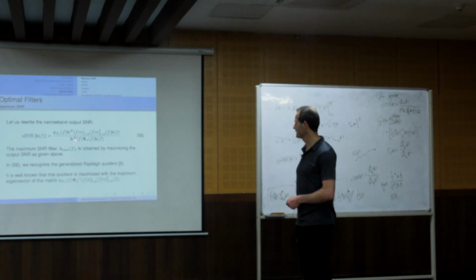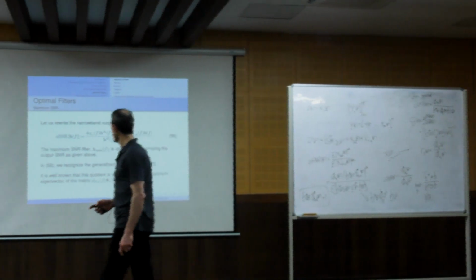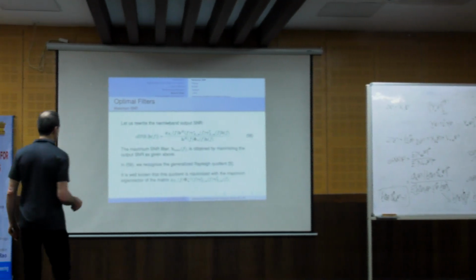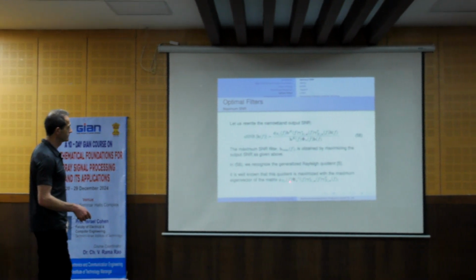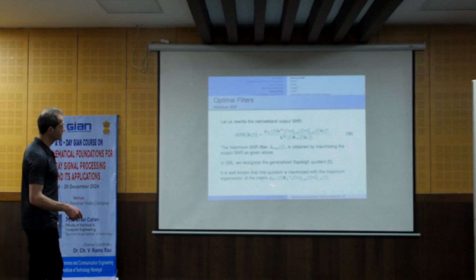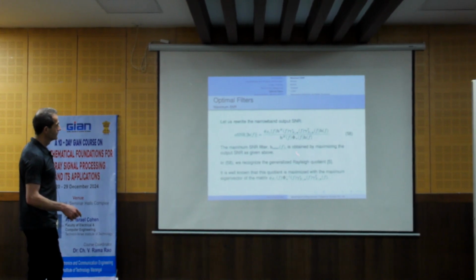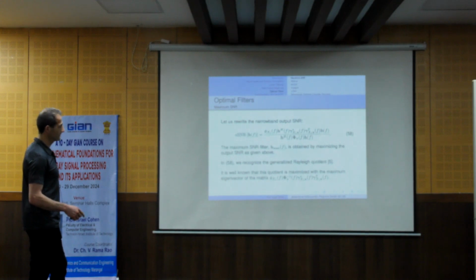But we know that this matrix is rank 1, okay? So if we take the maximum eigenvector, meaning the eigenvector that corresponds to the largest eigenvalue of this matrix, then any filter that is proportional to this eigenvector will generate the maximum output SNR.